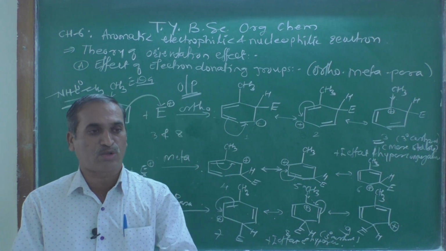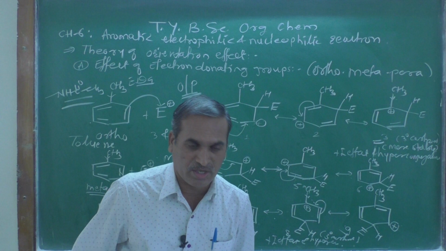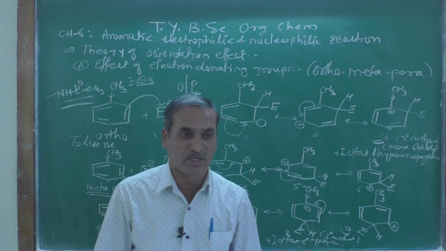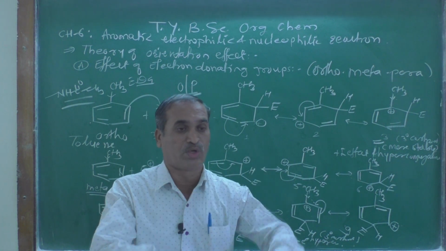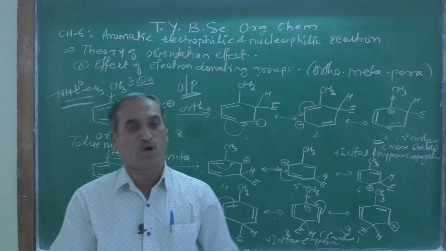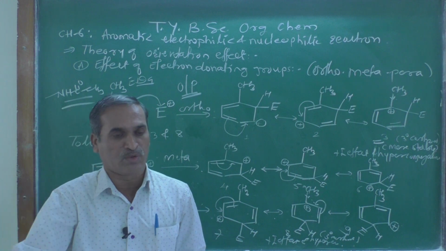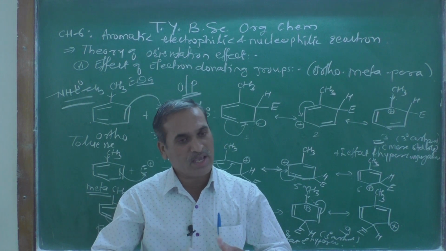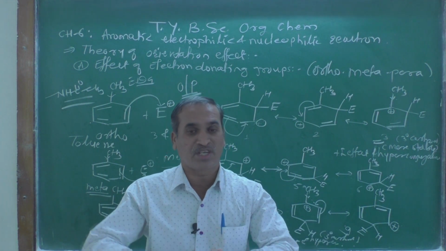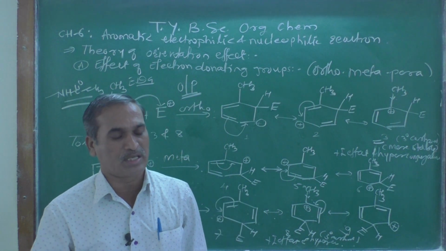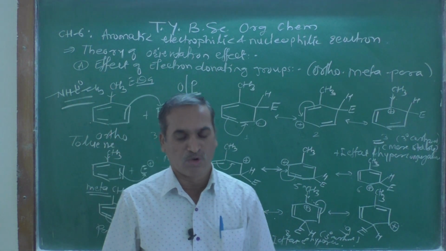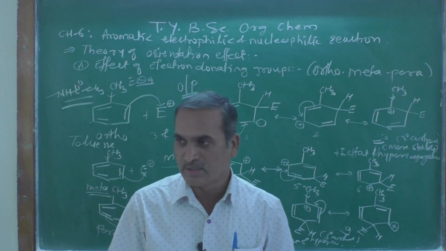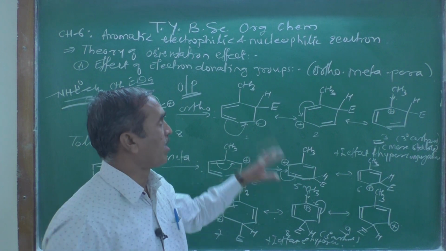Among these, which one is major and which is minor depends on the size of the electron donating substituent on the benzene ring and the incoming electrophile. If the size goes on increasing, the percentage of formation of the para product is always predominant. So in this way we have seen a little bit of theory regarding this.